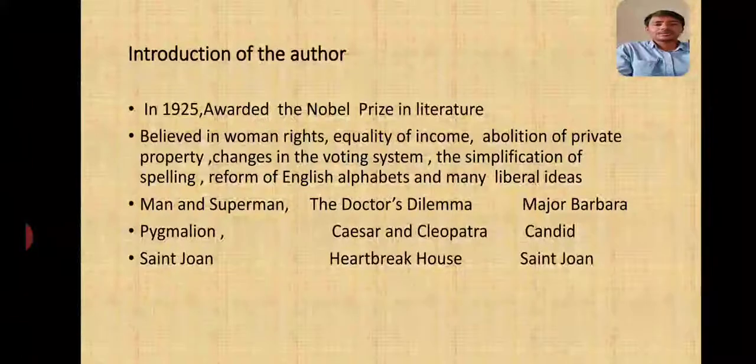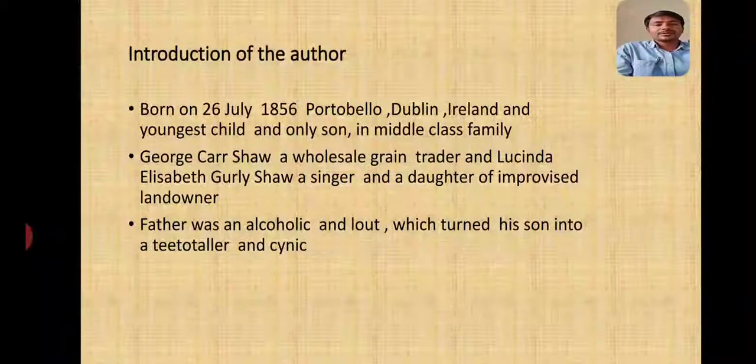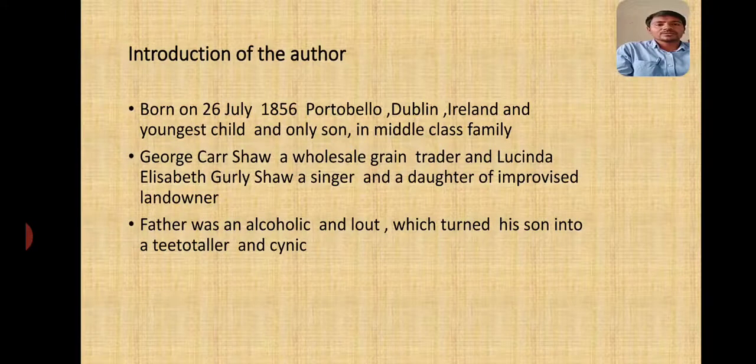His important works are Man and Superman, The Doctor's Dilemma, Major Barbara, Pygmalion, Caesar and Cleopatra, Saint Joan, Heartbreak House, and many more. So let us understand the life of George Bernard Shaw.